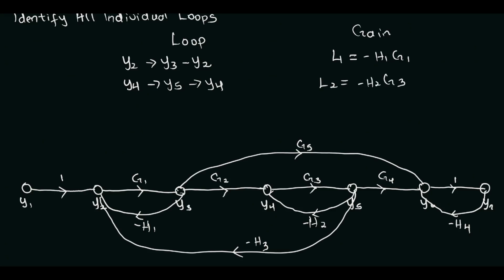Then the next loop we have is from y2 to y3 to y4 to y5, then back to y2. And our gain will be g1, g2, g3, then minus h3.